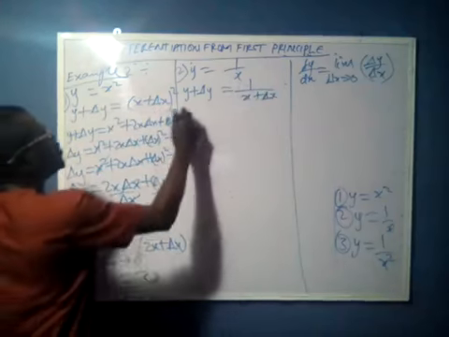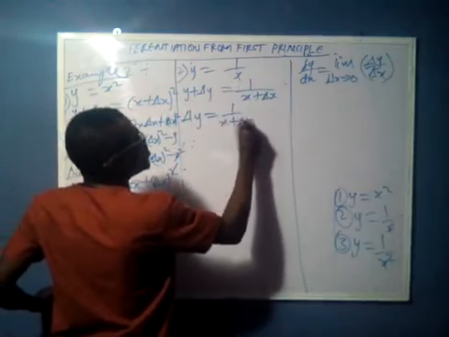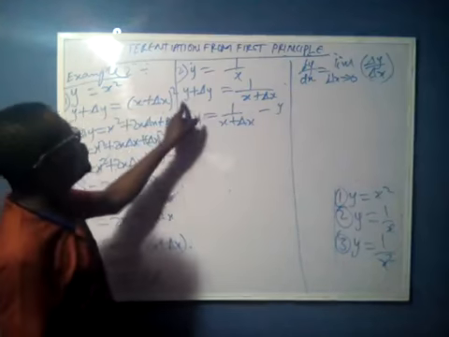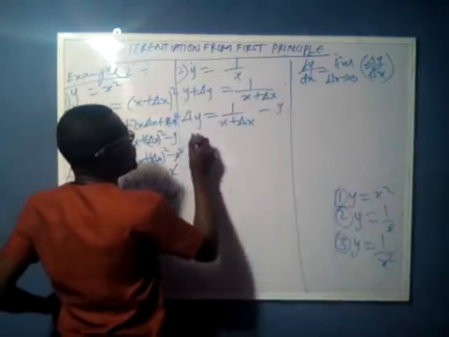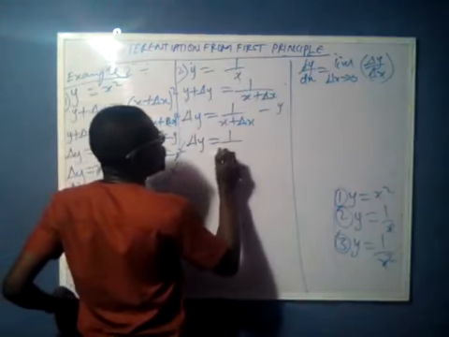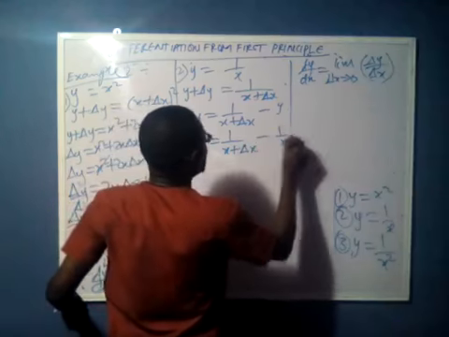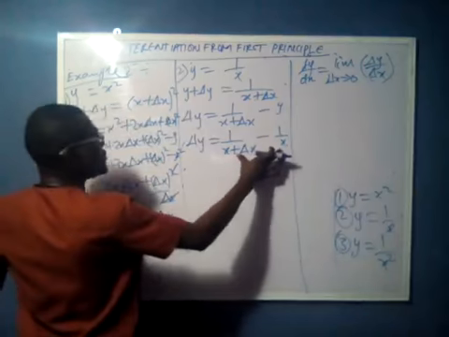So from here, we're going to have our change in y to be equal to 1 over x plus delta x minus y, right? So don't forget that y is 1 over x. So let's substitute. We have change in y equals 1 over x plus delta x minus 1 over x. Okay, can we just simplify this fraction?